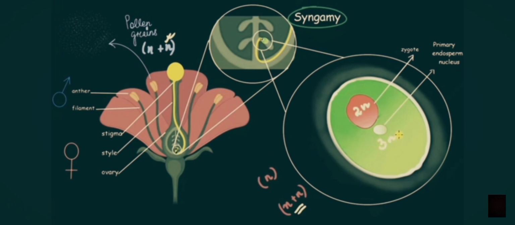And also, since three different nuclei fuse together to give rise to this triploid structure, we call it triple fusion, the fusion of three nuclei. And also, since the male gamete fused twice, once to form the zygote and next to form the primary endosperm nucleus, this entire process is called double fertilization, which is typical for an angiospermic plant.